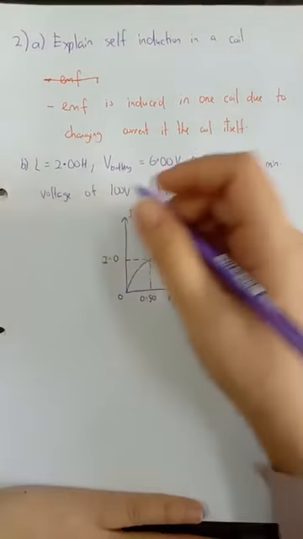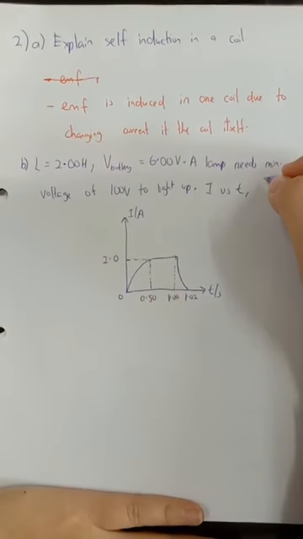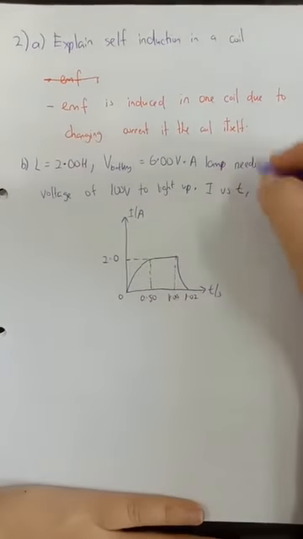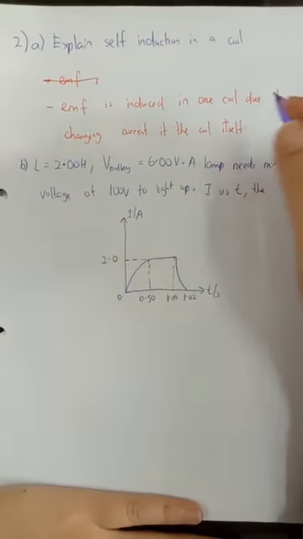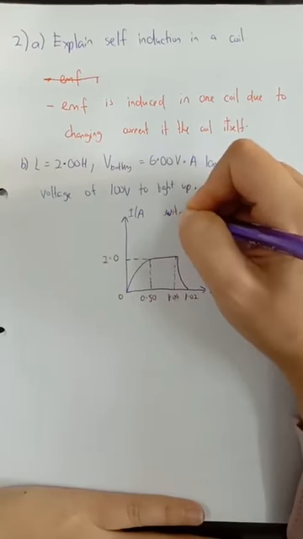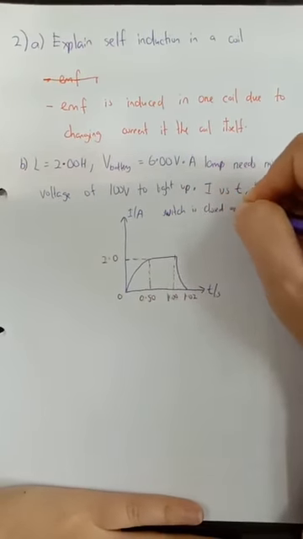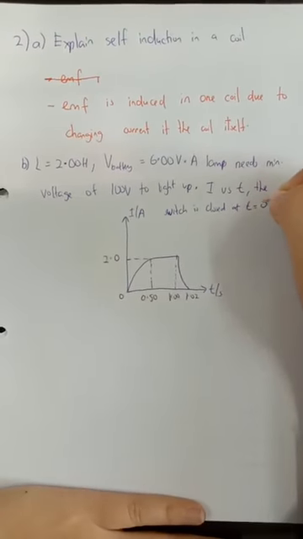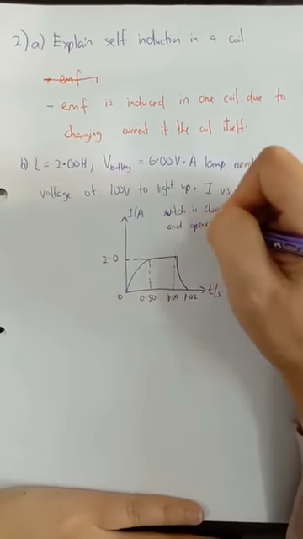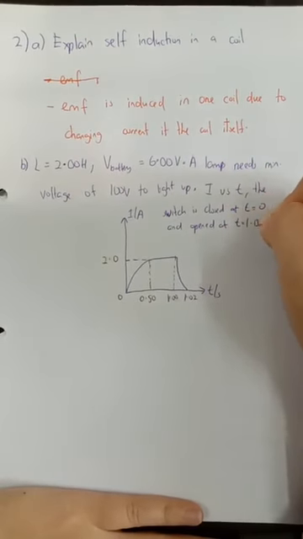Then in this graph, the switch is closed at t equal to 0 and open at t equal to 1 second.